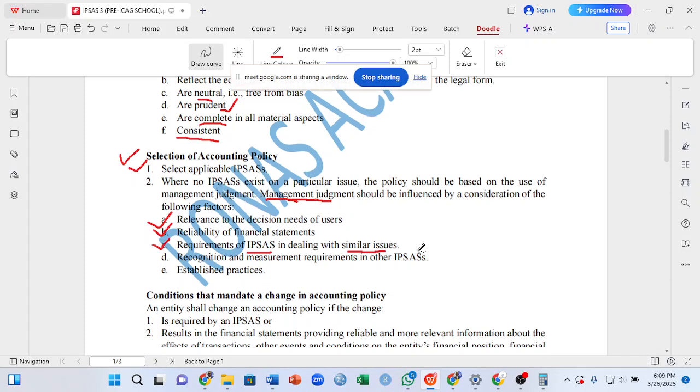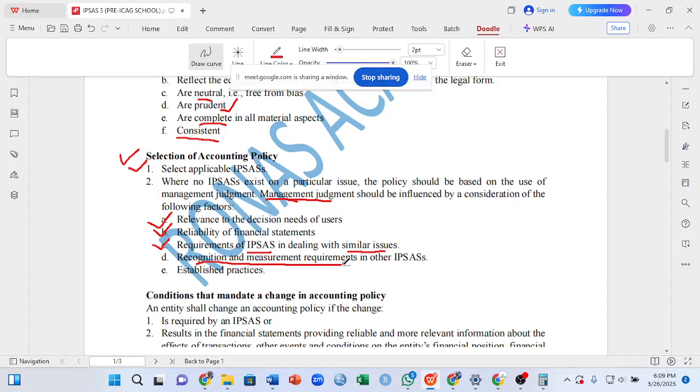The next one is that in a case whereby you don't have any specific IPSAS, and it may not be similar, then you can rely on the recognition and measurement requirements provided by any IPSAS. We may be having some other jurisdictional IPSASs that people may be using.